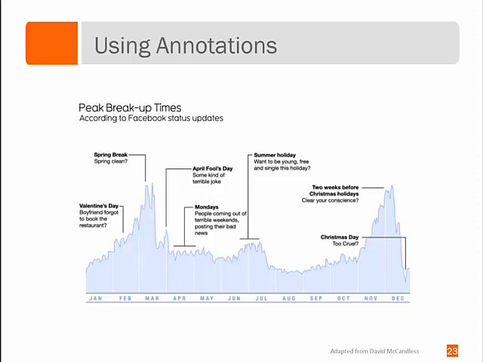Next annotation, summer holiday. So there's an upward trend at the end of June, beginning of July, through mid-July, where folks perhaps go on a summer holiday. They want to be young, free, and single, and so they might make a decision, more people break up with their boyfriend or girlfriend in the summer.